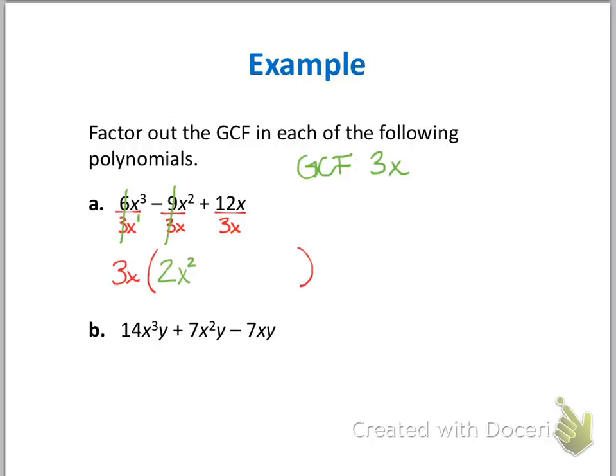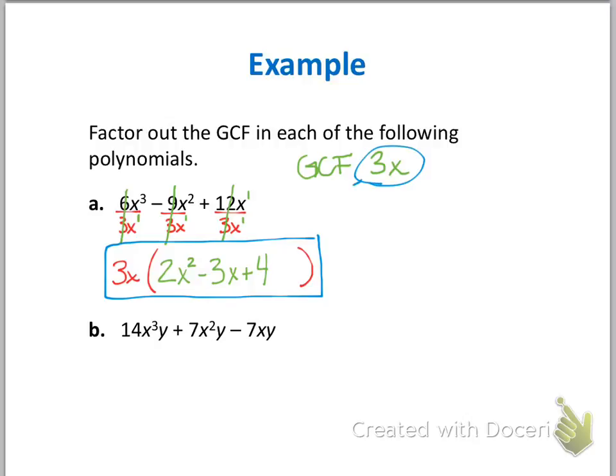Negative 9 divided by 3 is negative 3. x squared divided by x is x. 12 divided by 3 is 4. x divided by x disappears. So, my final answer is 3x times the quantity 2x squared minus 3x plus 4. The GCF always is on the outside of the parentheses, and what you divide out goes inside the parentheses. Let's get rid of that mess.